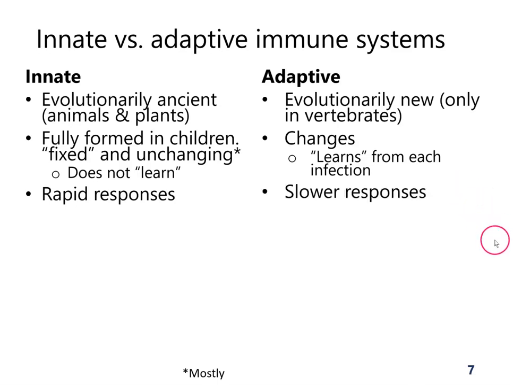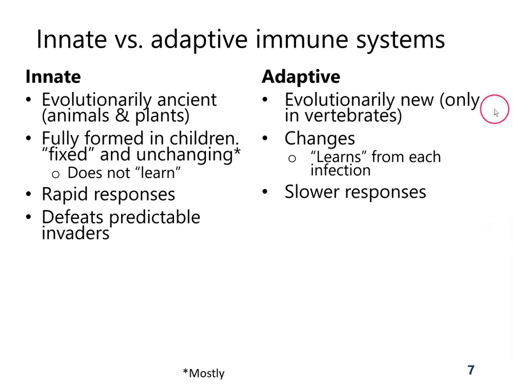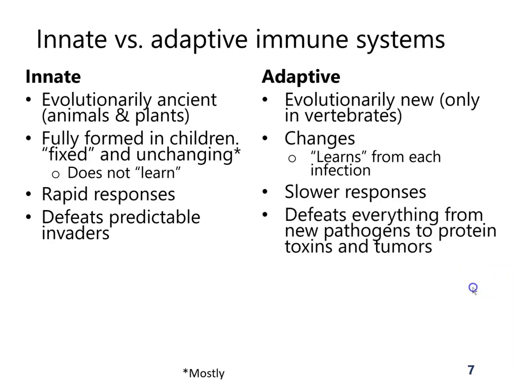Whereas the adaptive immune system does things that may take days. Another way to think of it is the innate immune system is really for whatever organisms have fallen on you, and the adaptive immune system is for protecting you from pathogens and also protein toxins and tumors.